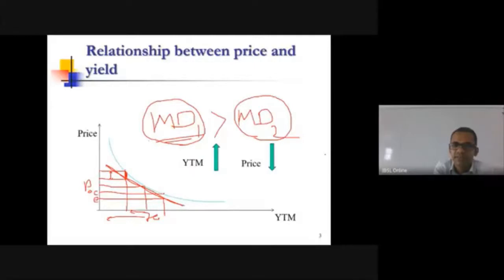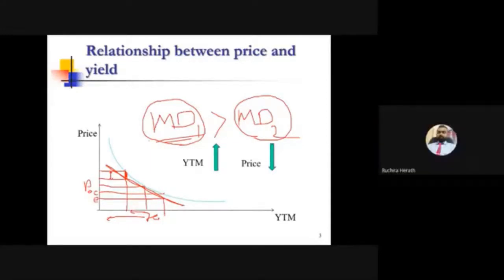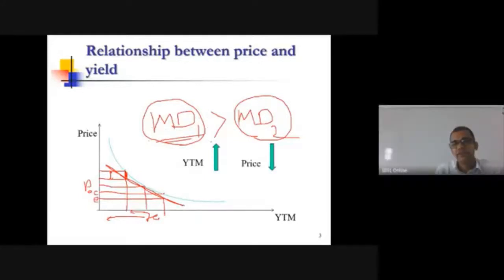Is it clear? Okay. Because when the yield increases, price decreases, you want less price decrease, not the high price decrease. But if yield decreases, price increases, and you like to get more price gains. So therefore you may buy bonds with a higher modified duration.